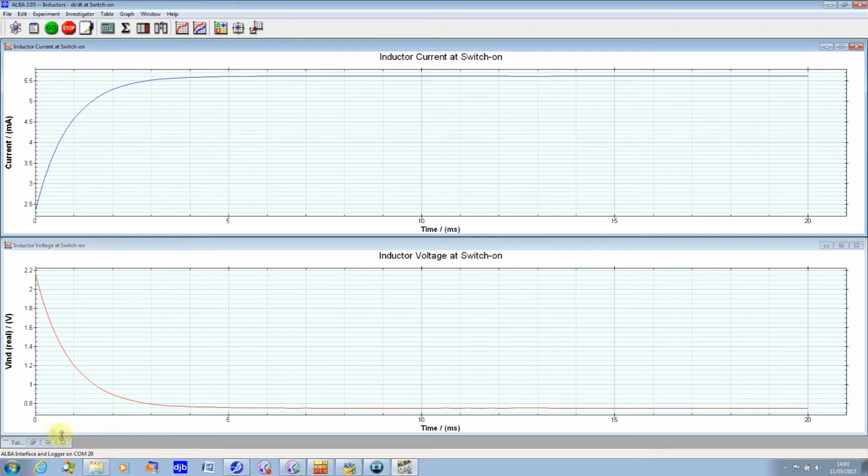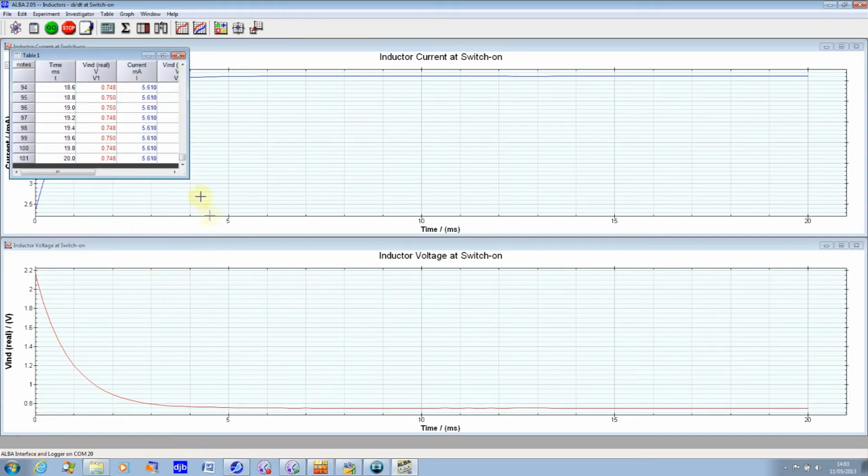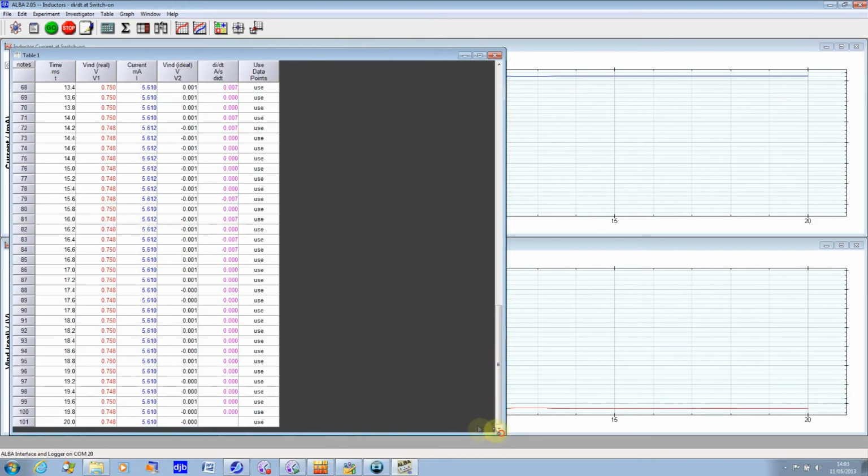So if we now look at the table of results for this experiment, we'll go to the beginning of the experiment, so we'll scroll up to the top. Here is our time increasing. We have the voltage across this real world inductor. So we could again think about this in two bits. One bit is the voltage across a perfect inductor, and the other bit is the voltage across the resistance of the windings of the inductor.